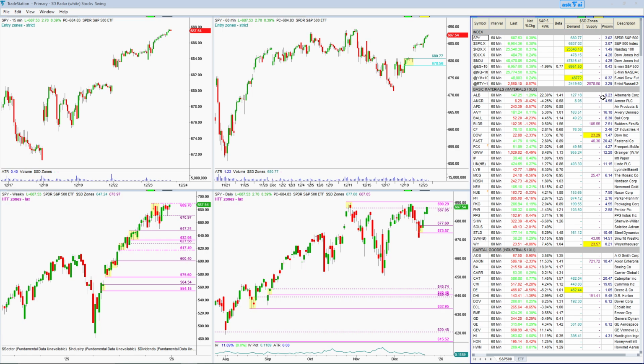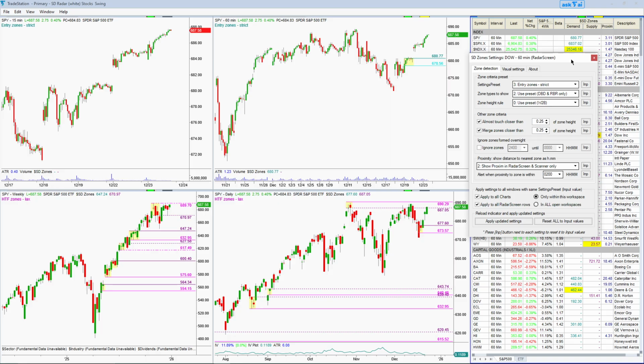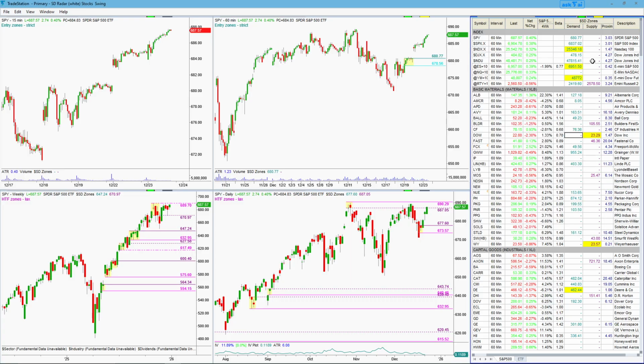But just to recap, you do look for highlighted supply and demand cells in the Radar Screen, either the yellow ones, which are ones that are within proximity, which in this workspace, let me show you, the swing workspace is set to 2 hours. So anything that's estimated that could reach a zone within 2 hours will be highlighted yellow. In the daily workspace, it's 6.5 hours, 6.5 being one trading day, one stock session. But here we use 2 hours.